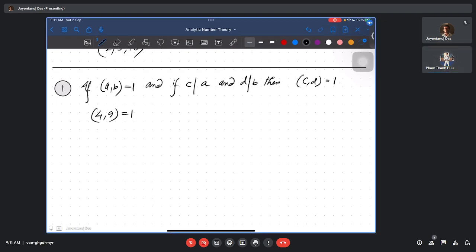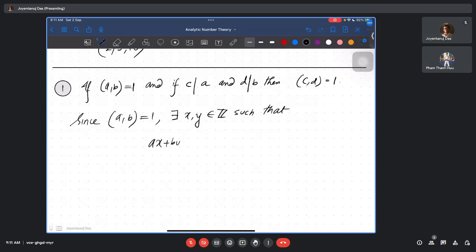So we can actually use the Euclidean algorithm. Since GCD is one, there exist integers x and y such that Ax plus By equals one.